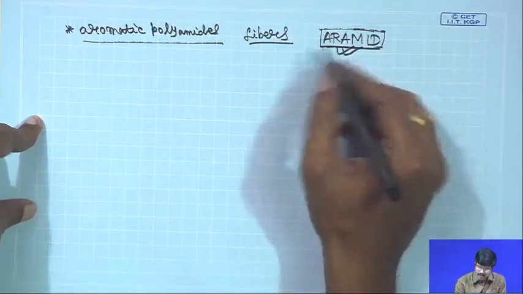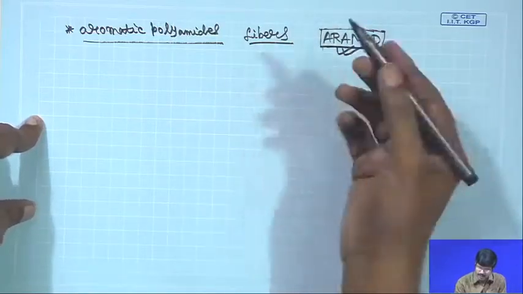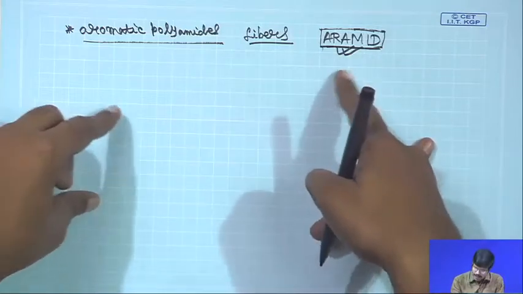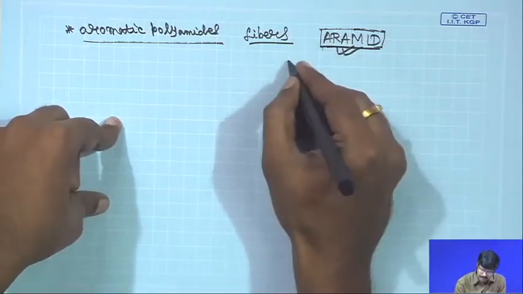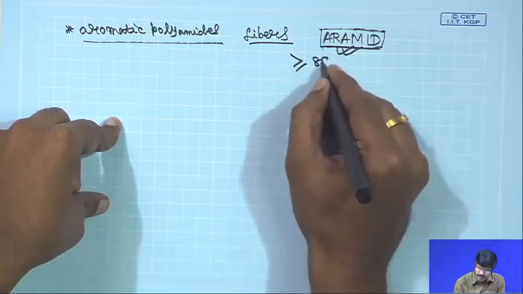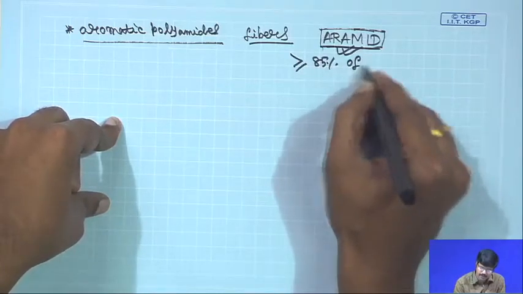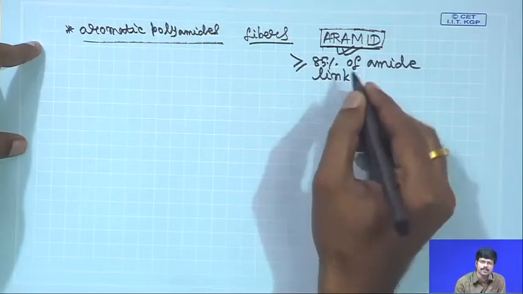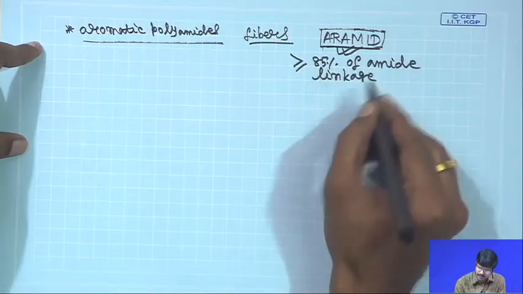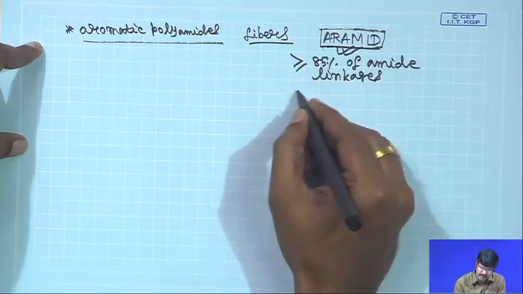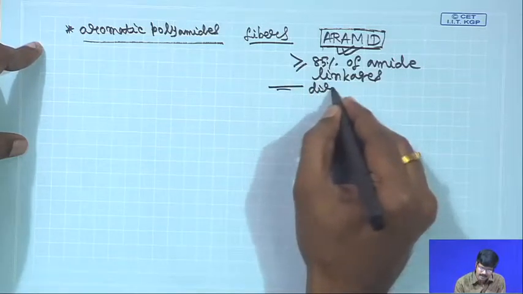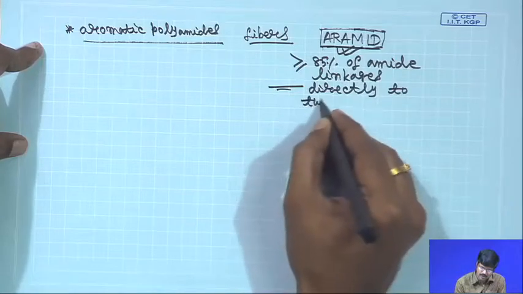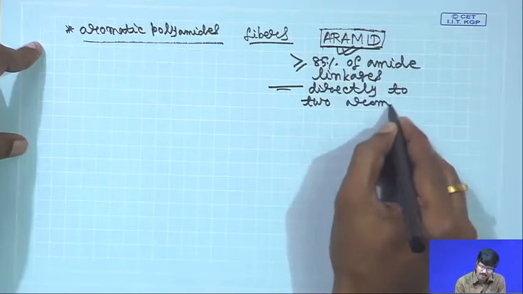It is defined as a long chain synthetic polyamide in which at least 85% of the amide linkages are attached directly to two aromatic rings. Then you call them aramid fibers.